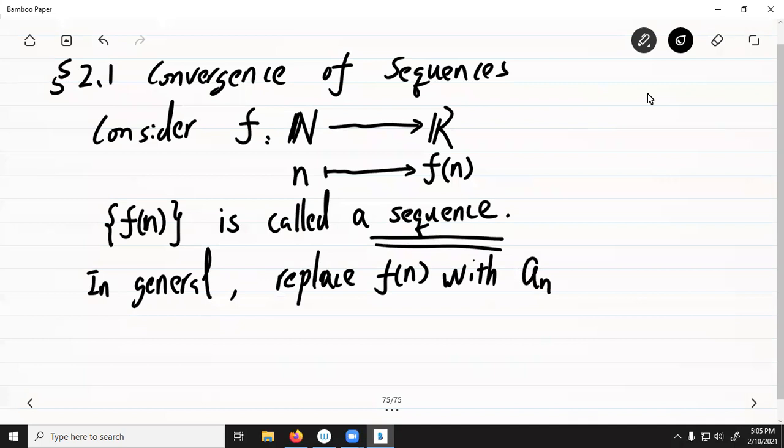This is the way we often use. Then we denote this sequence by the braces of a sub n.